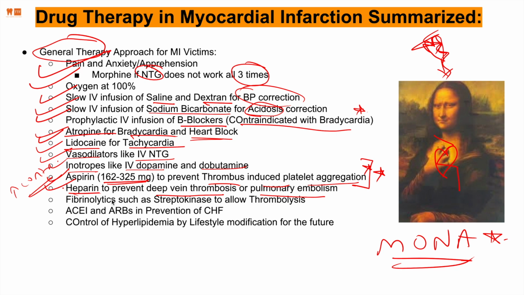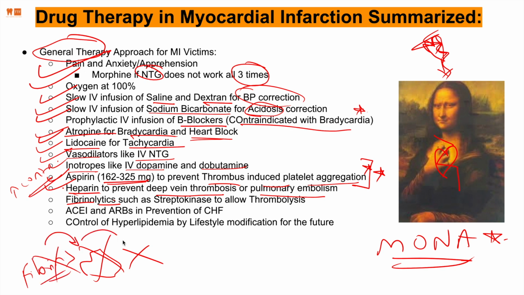And fibrinolytics, such as streptokinase, to allow thrombolysis. Fibrinolytic. Lytic means to break. What are we breaking? Clot. What causes clot? Fibrins. Right? Fibrinolytics, to prevent deep vein thrombosis and pulmonary embolism.